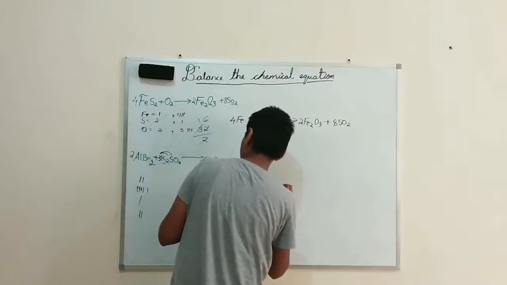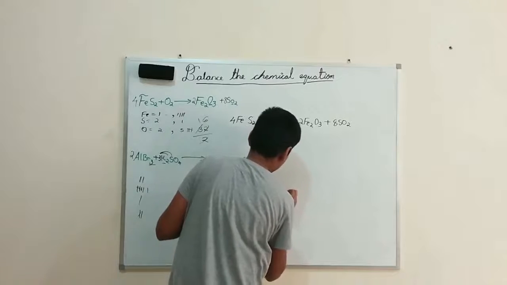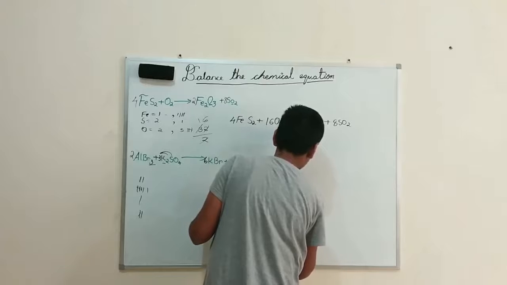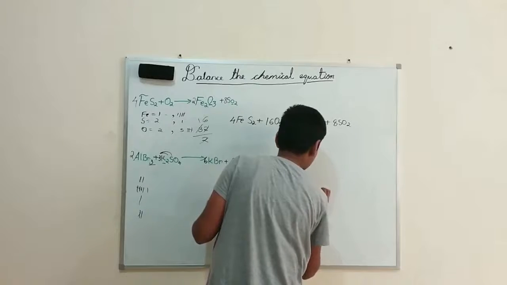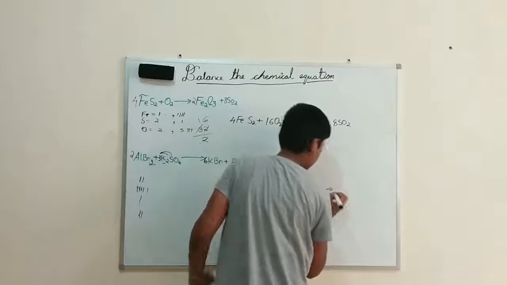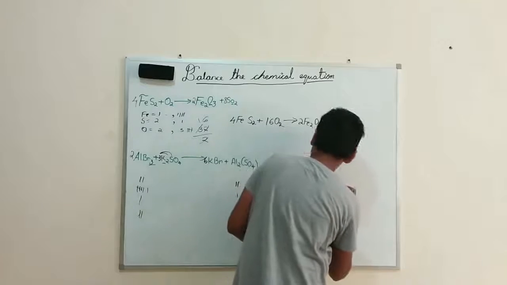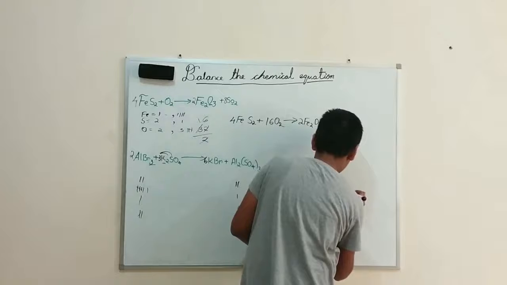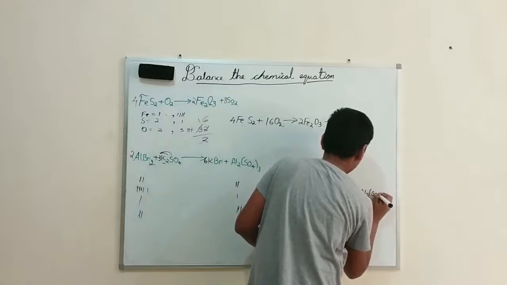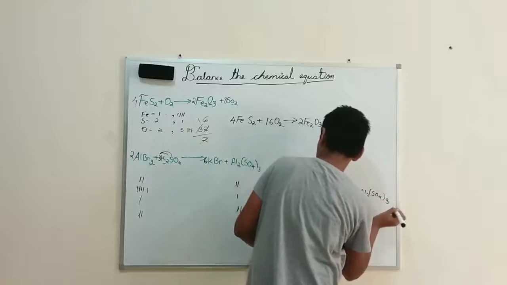2AlBr3 plus 3K2SO4 gives us 6 potassium bromide plus Al2(SO4)3.